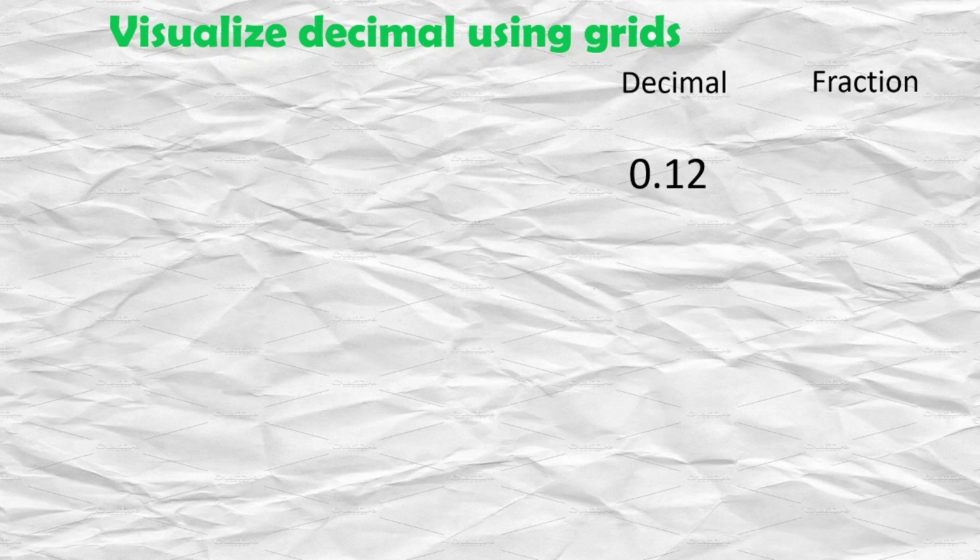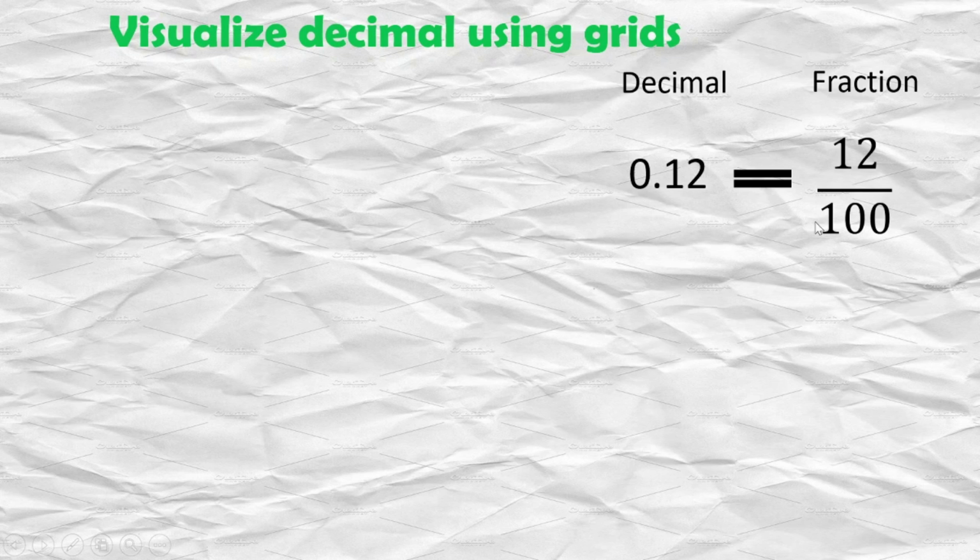Again, convert it into a fraction. 0.12 has 2 digits, so our denominator is 100, because tenths, hundredths. That's why our denominator is 100. Then copy 12. Then, let us draw a grid. How do we draw a grid? Again, it is the same as with the cubes.